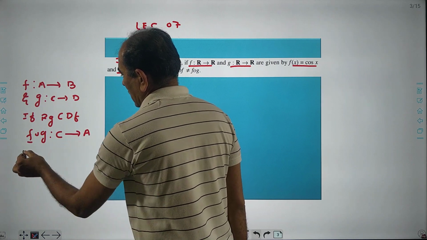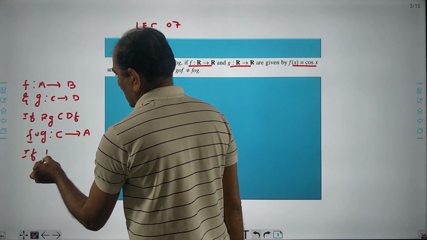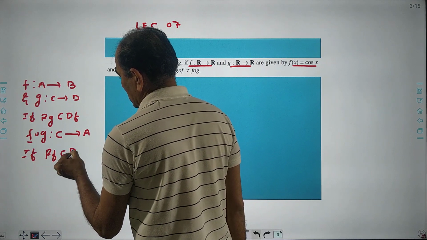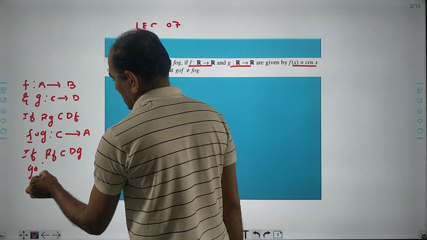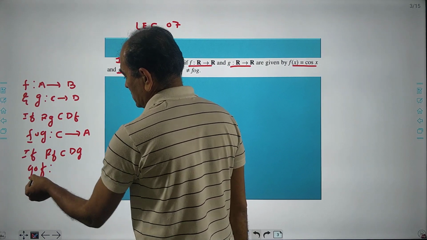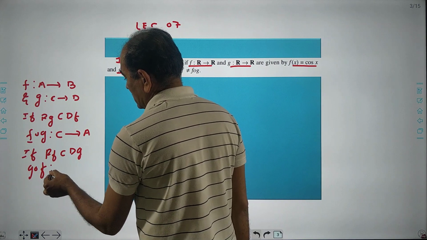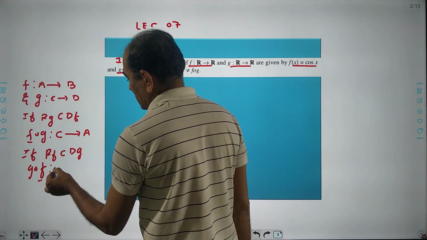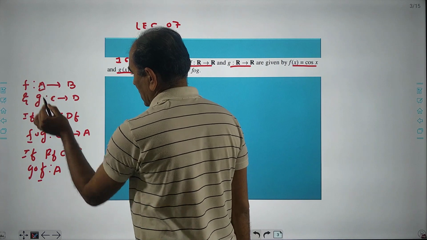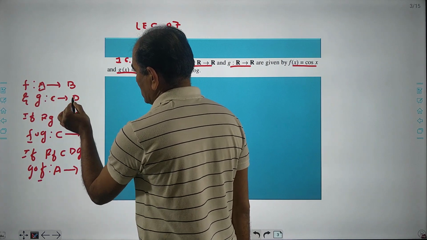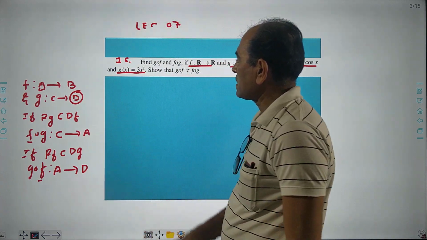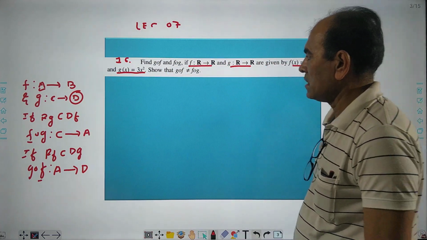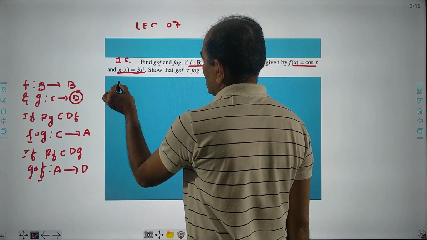And if the range of f is a subset of the domain of g, then g composition f is defined. It is a function from the domain of f, that is A, to the codomain of g, that is C. In this way we can see the compositions.